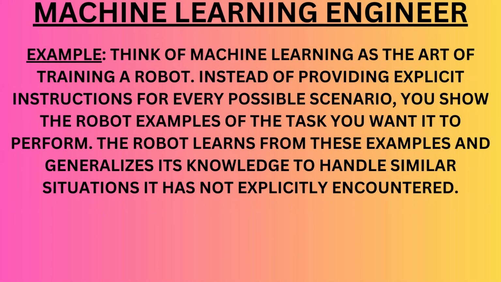Example: think of machine learning as the art of training a robot. Instead of providing explicit instructions for every possible scenario, you show the robot examples of the task you want it to perform. The robot learns from these examples and generalizes its knowledge to handle similar situations it has not explicitly encountered.